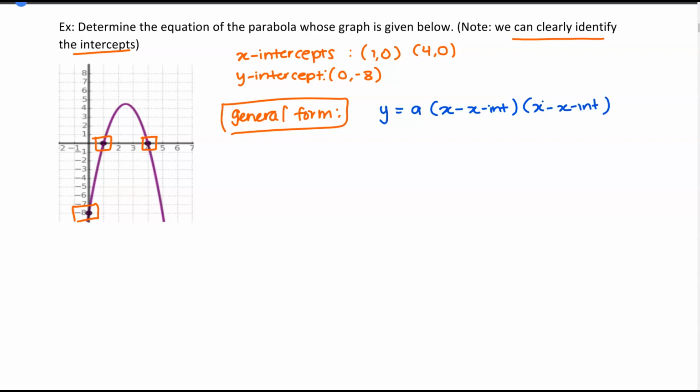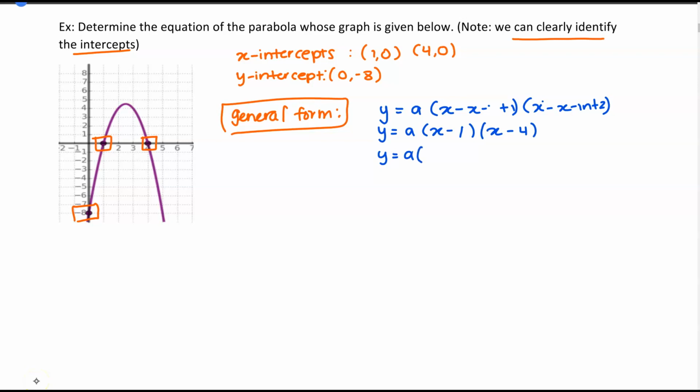And this is going to be the second x-intercept, so let's call this intercept 2 versus intercept 1. So here we know that y equals a(x minus the first x-intercept). It's going to be x minus 1. (x minus the second intercept) is going to be x minus 4.